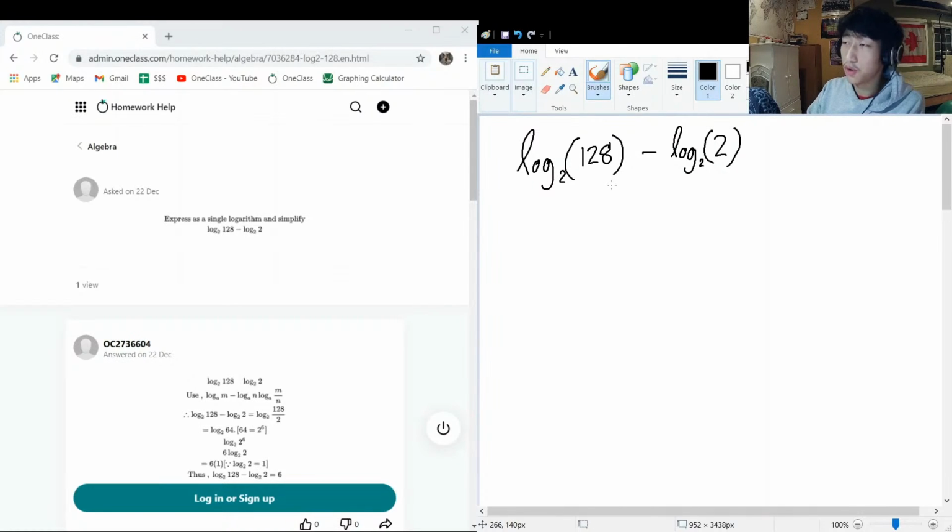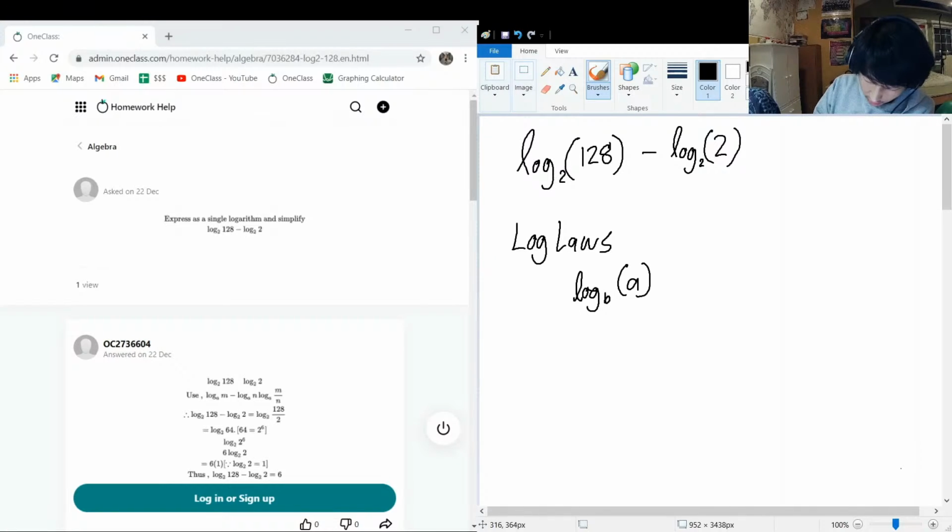Now, let me tell you a little law of logarithms. Log laws. That's a fun thing to say out loud many times. So we know that log base b of a minus log base b of c, because I don't want to use b again, is equal to log base b of a divided by c.